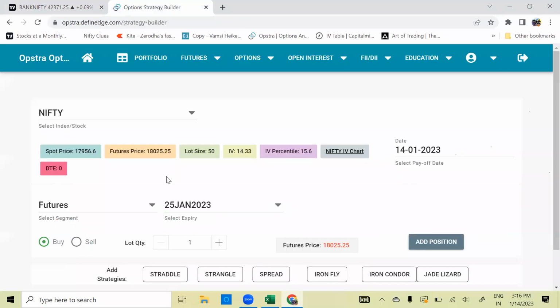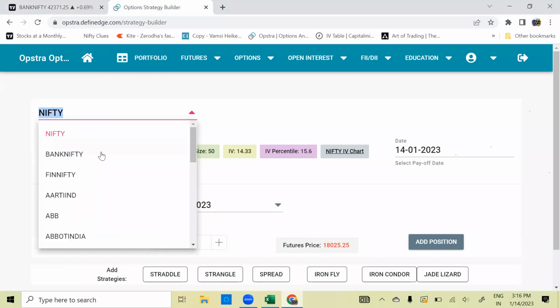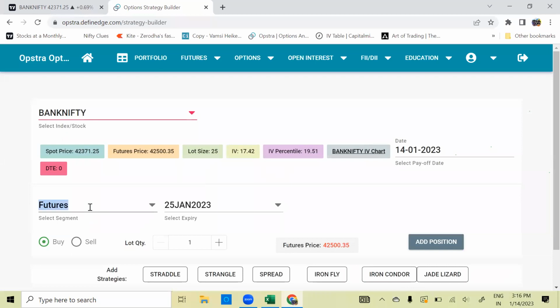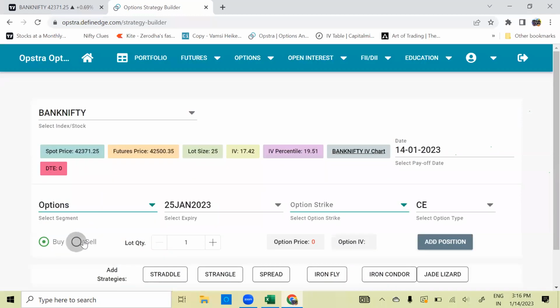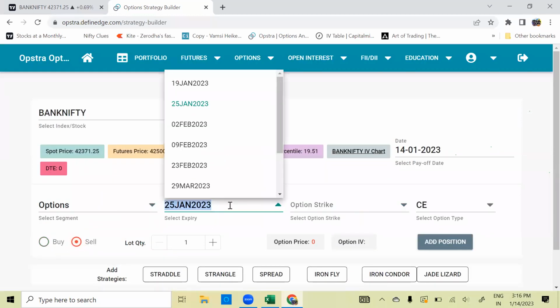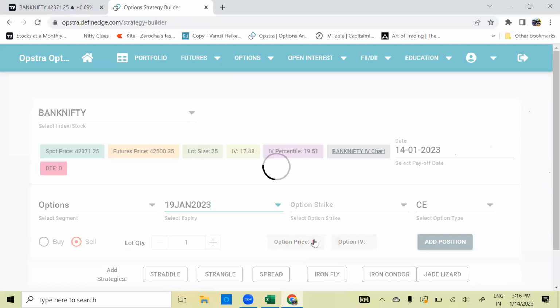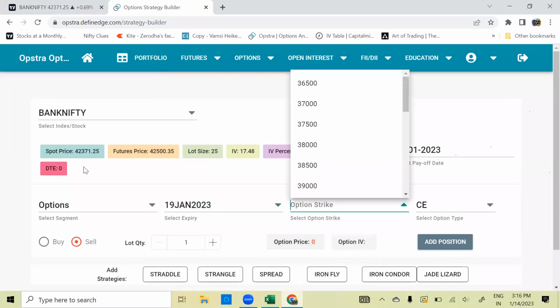So if I go and keep a strangle, let's see for Bank Nifty options. Now the present market is at 42,317.